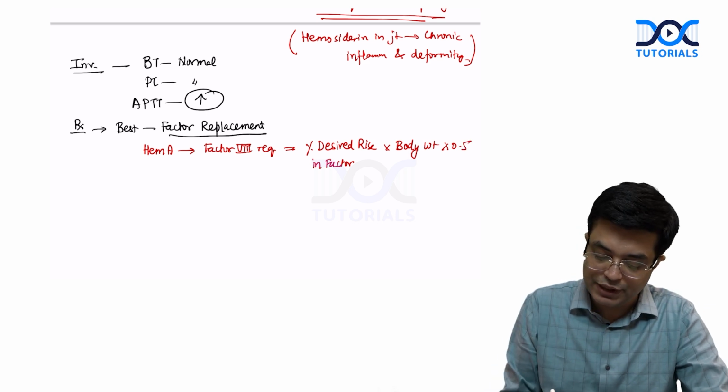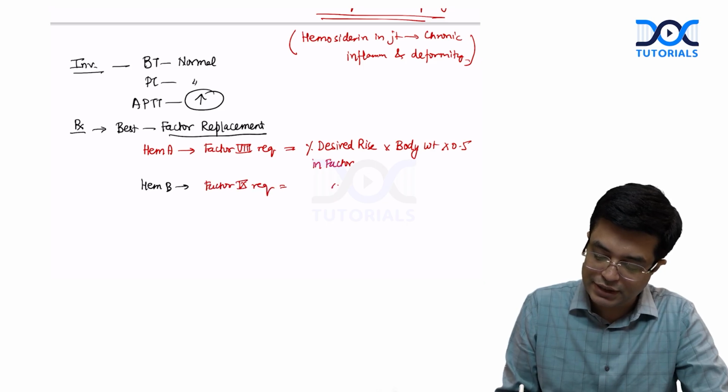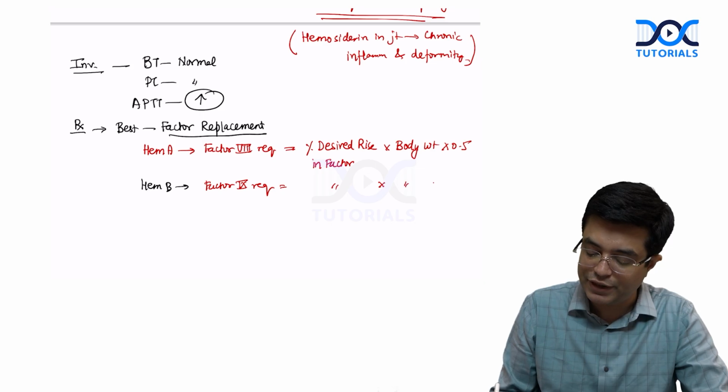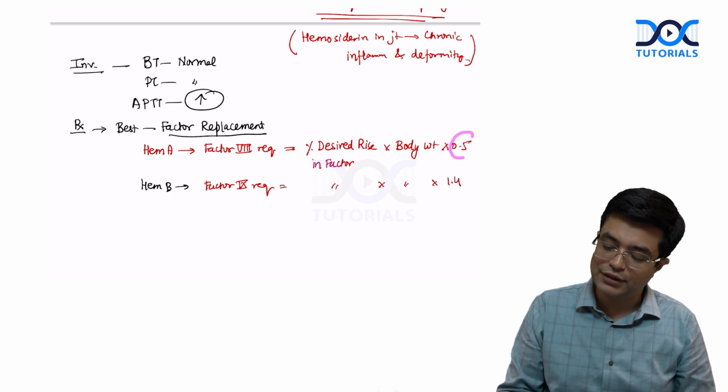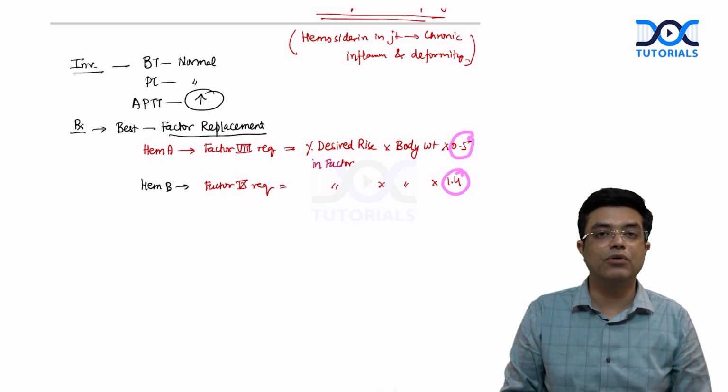And in patients with hemophilia B, factor 9 requirement can be calculated by the formula: percentage desired rise multiplied by body weight multiplied by 1.4. So the distinguishing point is 0.5 here and 1.4 here.